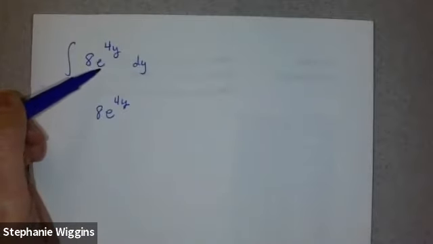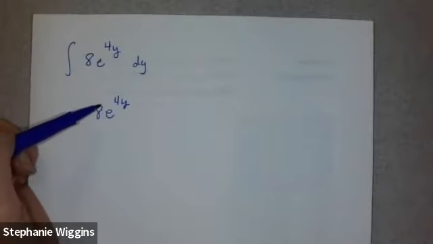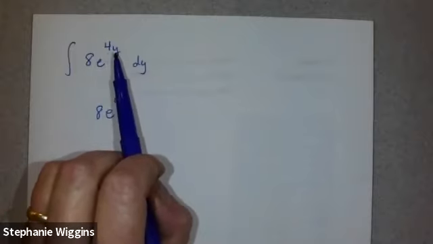You just copy what you see. Whenever you see an e function like this multiplied by a constant, you just copy what you see. And then since this is just 4 times y, as opposed to 4 times y squared. If it were squared, it'd be more complicated.